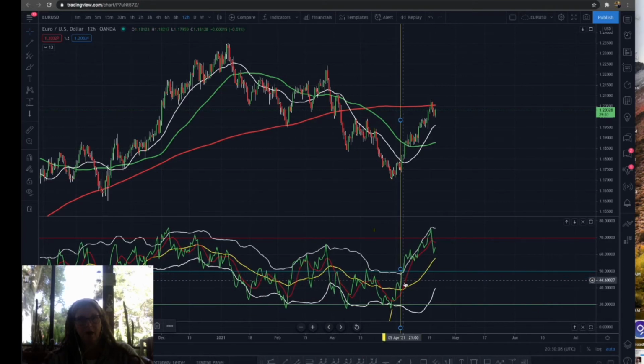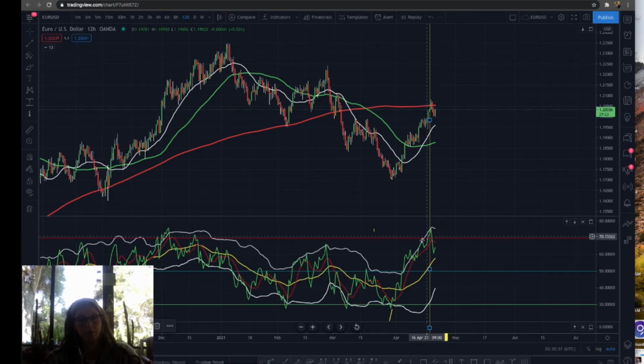On the 12 hour, we were here. We've crossed the red, we've found support on the yellow, and we're coming up. So as long as your 12 hour is pulling this band up with it, I would not exit until it reached the 70 mark.